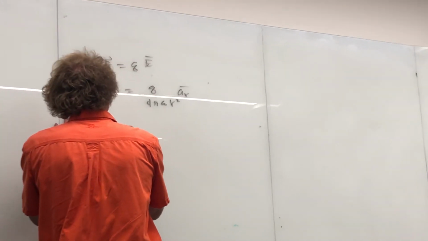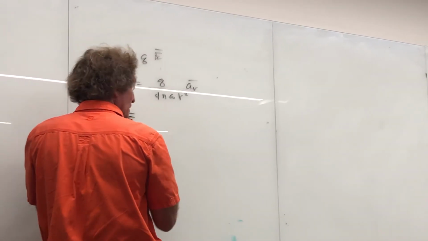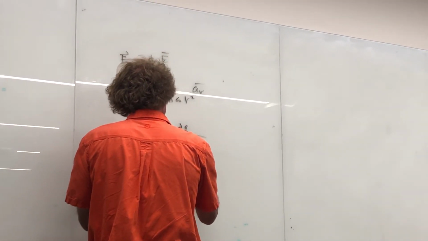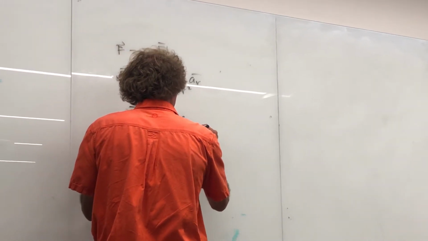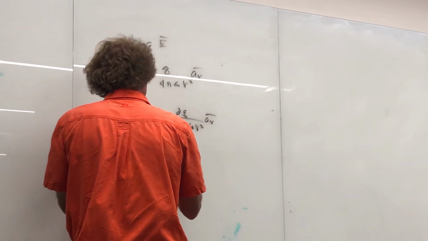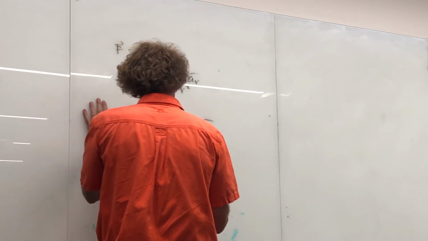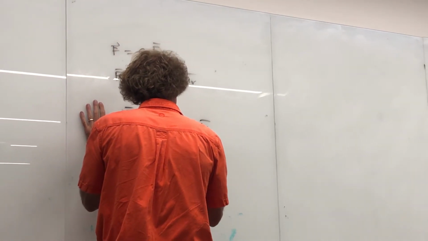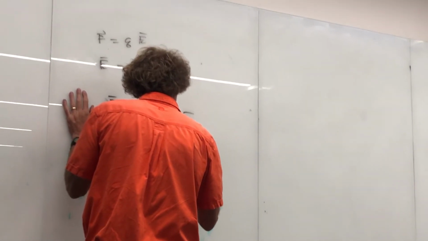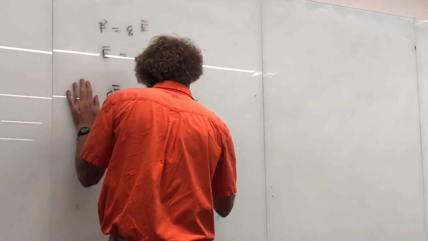You can say that the differential E field from a volume of charge is just equal to dq over 4 pi epsilon naught R squared AR. And therefore the E field from a bunch of charge is equal to the integral of dq, whatever that may be, over 4 pi epsilon naught R squared AR.